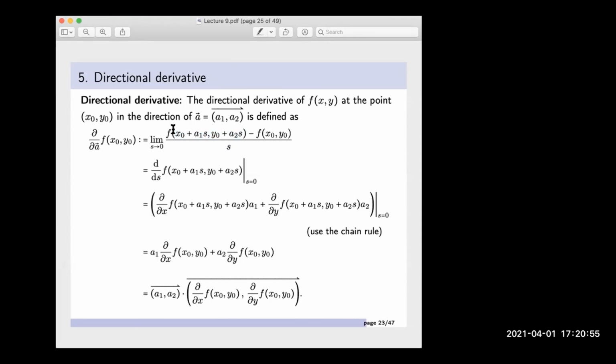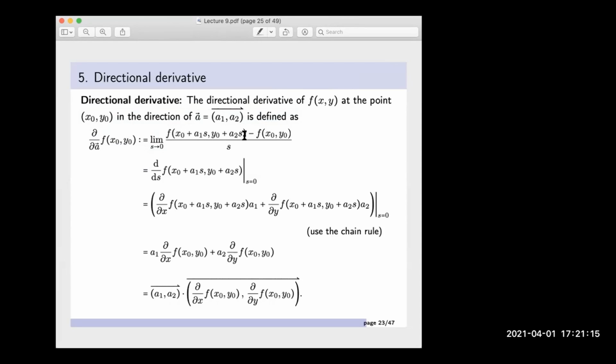Okay. So f of this minus f at the original point is the change of function value. So if the point changes by distance s in the direction of a, then the change of function value will be the upper side.